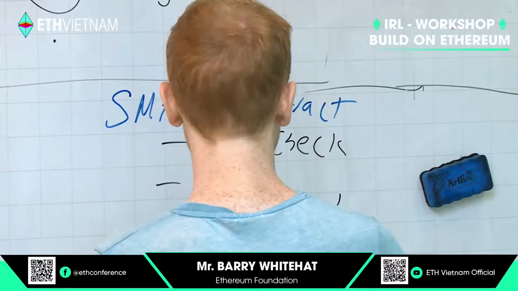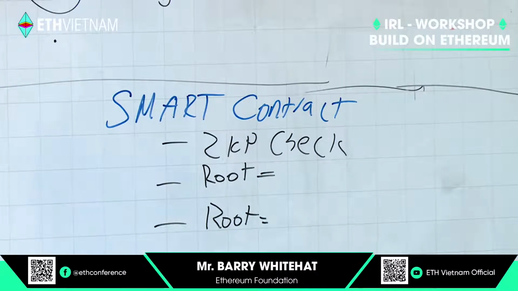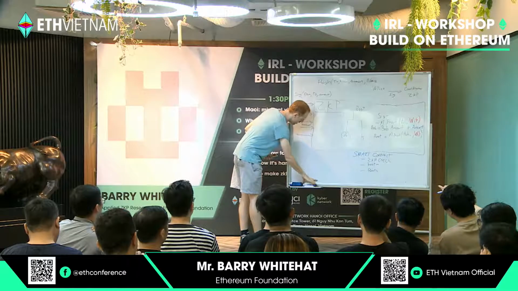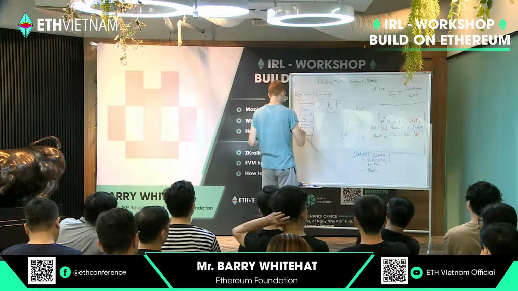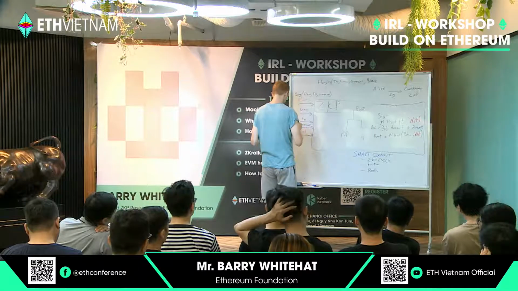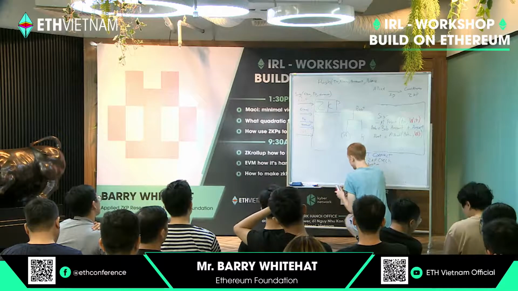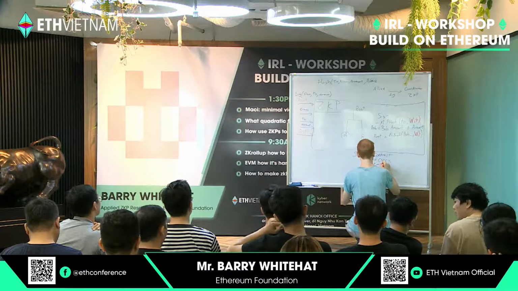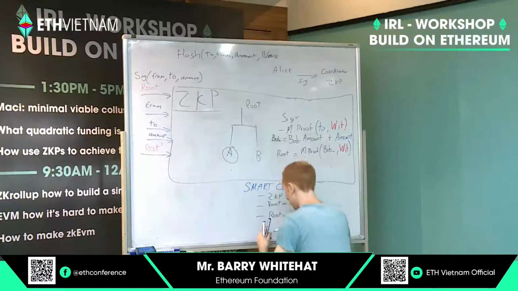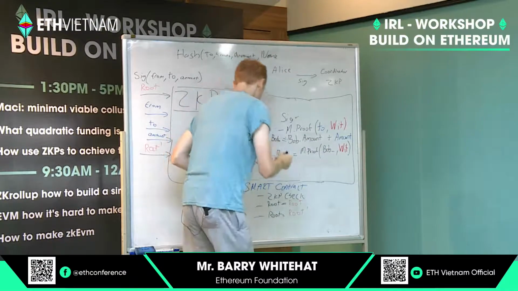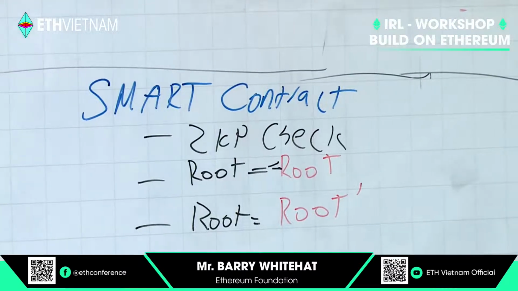Okay, so I'm going to change the colors here a little bit. I'm going to have public inputs from the smart contract be red. Root, root prime. I'm going to have public inputs be red, so I can have red here. Root prime. Okay, so also this is an equality check, and this is a variable change. Cool.